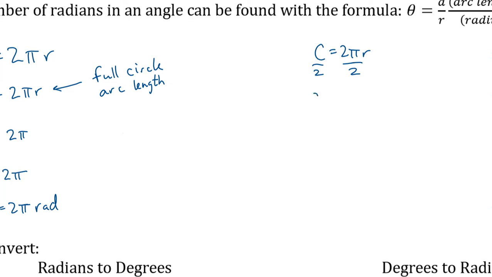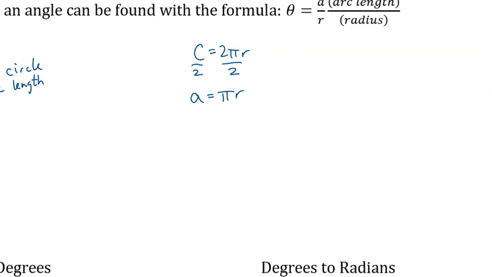And if I make that my arc length, divide both sides by r. So pi is what? I mean, this makes sense. If 2 pi is a full circle, then pi is the half circumference of the circle.